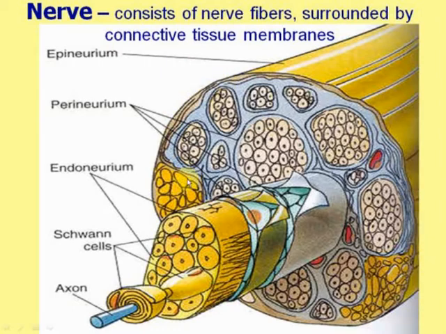Those connective tissue layers include endoneurium, the thin, gentle layer of loose connective tissue around every nerve fiber. The connective tissue layer around a bundle of nerve fibers is called perineurium, and the thick, dense connective tissue layer around the whole nerve is called epineurium.